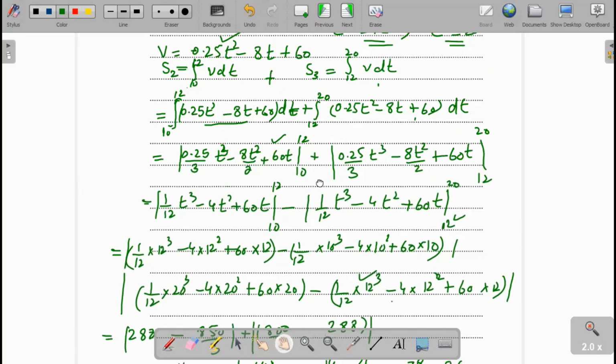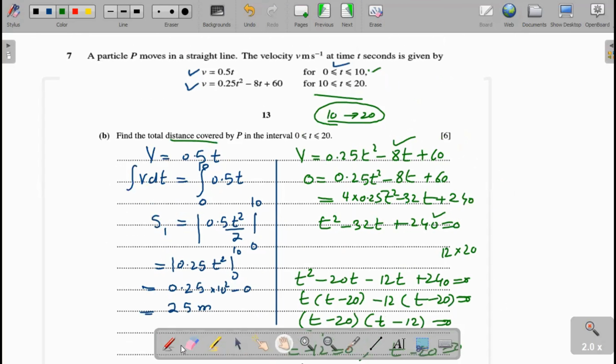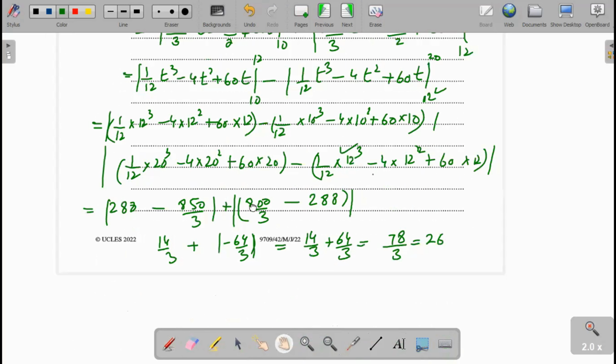Now we have to find the total distance. The total distance is the sum of the distances in these intervals, S = S1 + S2 + S3. We already found S1, and for the second interval, from 10 to 20 seconds, the distance is S2 plus S3.